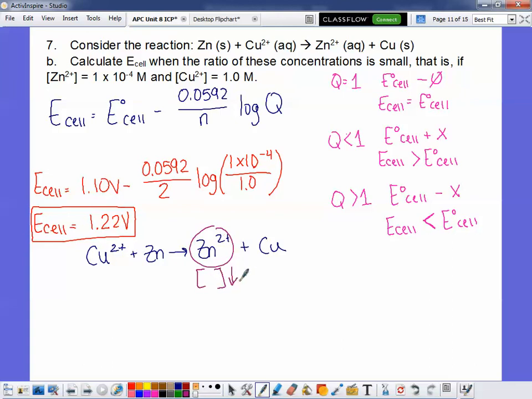Think about Le Chatelier's principle. When you remove a product, which way does the reaction shift? To the right. Remember, you shift towards removals. So since we removed a product, the reaction is now going to proceed more in the forward direction, meaning that it's more favorable in the forward direction, which means an increased voltage.